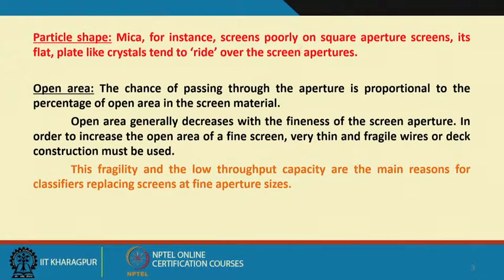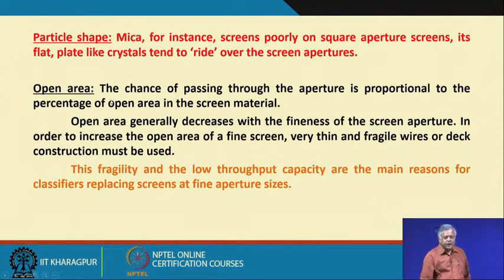Then the open area: what percentage open area you have given in the screen is the challenge for screen manufacturers. One example I have given is that if you can minimize the wire thickness, you can create more open area, but not at the expense of maintenance or damage to your screen.